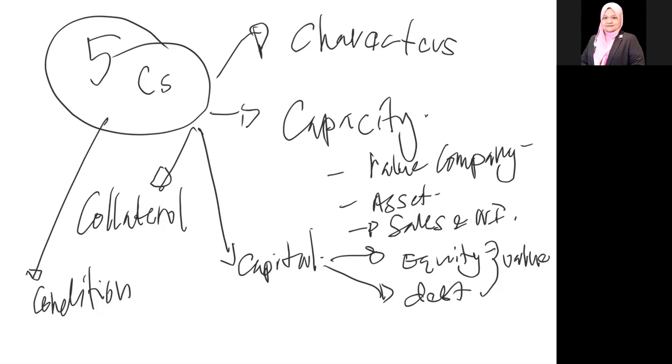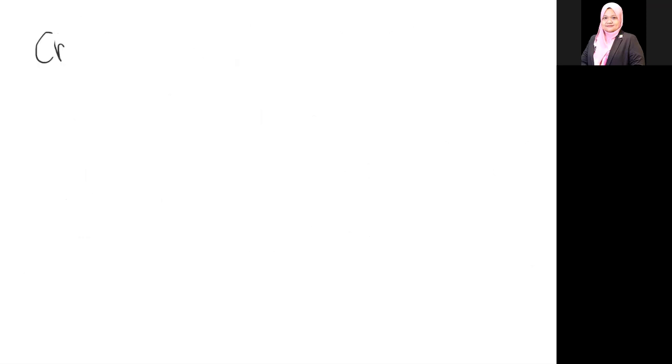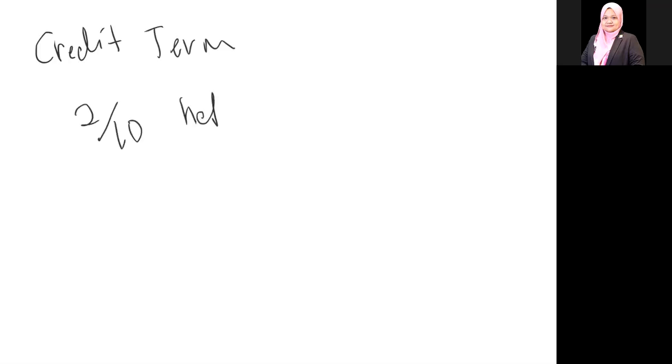All right, so changing the credit terms. You have learned in another topic that you need to choose the best credit term. It's better for you not to give up the cash discount. An example of a credit term is 2/10 net 30.